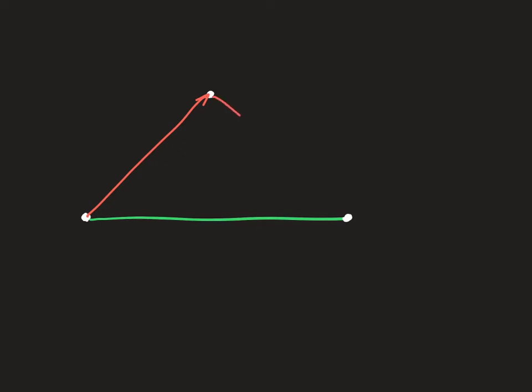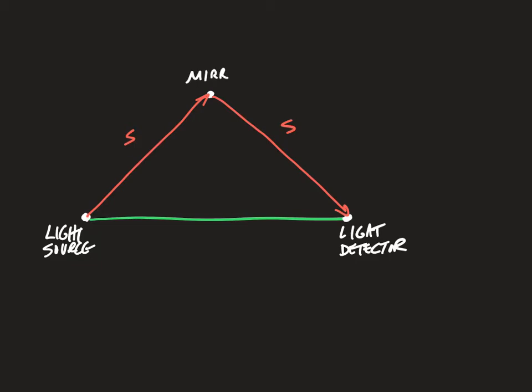So the light beam from the Earth-bound observer's point of view travels S. So this is the light source, the light detector, the mirror that it bounces off, but the astronaut just sees a back and forth along some distance d, and we'll call each one of these lengths L. So this is a combined frames of reference.